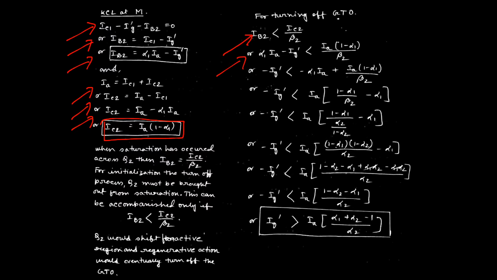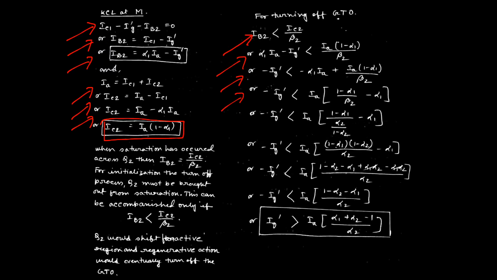After simplification, we can rewrite the expression: minus IG dash less than minus alpha 1 IA plus IA times 1 minus alpha 1 by beta 2. Again, we can simplify: minus IG dash less than IA, which is a common term, times 1 minus alpha 1 by beta 2 minus alpha 1.